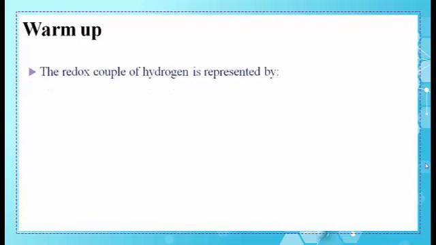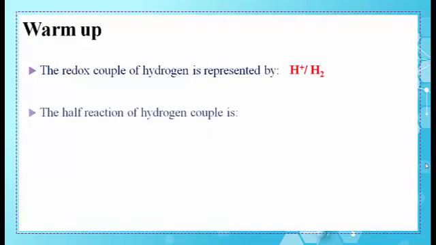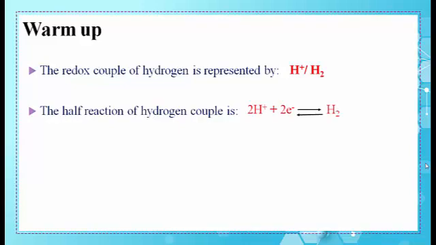Let's remember what we talked about in the last period. We said that the redox couple of hydrogen is represented by H+/H2. We also said that the half reaction of the hydrogen couple is 2H+ + 2 electrons give H2, or H2 gives 2H+ + 2 electrons.